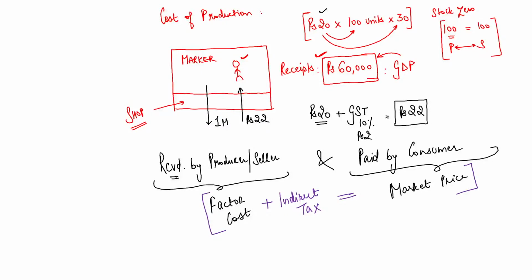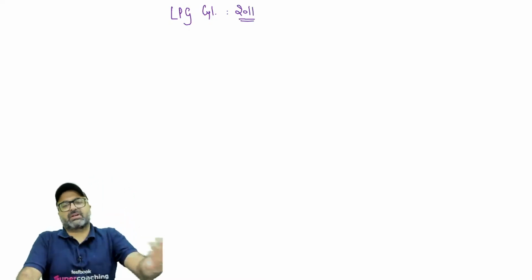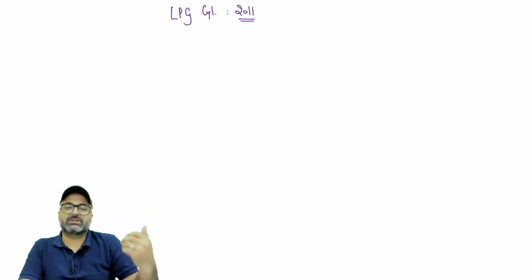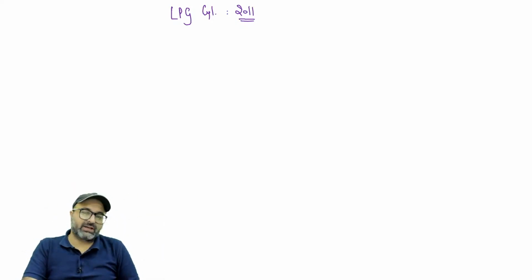Once I had learned all this, the very next day I went to buy an LPG cylinder, and the year I am talking about is 2011. Why have I mentioned 2011? Because after 2013 changes were made in the subsidy provided on LPG.